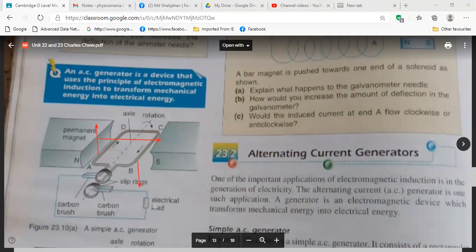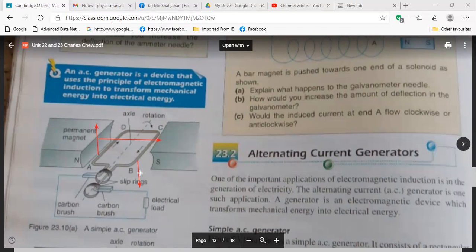So you can think of any one of them, AD or BC, to get the direction of induced EMF using Fleming's right hand rule. Which rule? Right hand rule, Fleming's right hand rule. It uses the direction of motion, which for part BC is downwards, right?